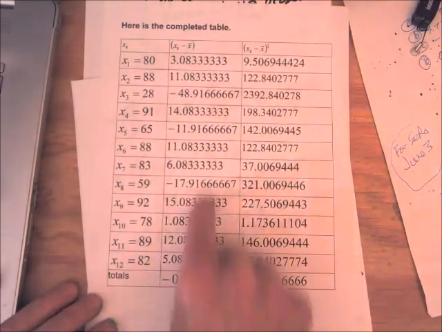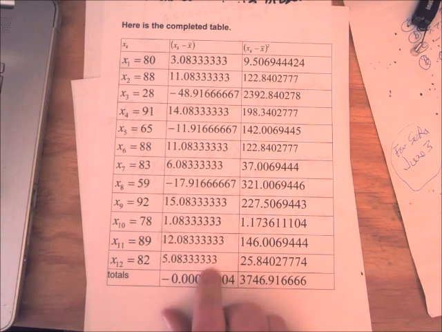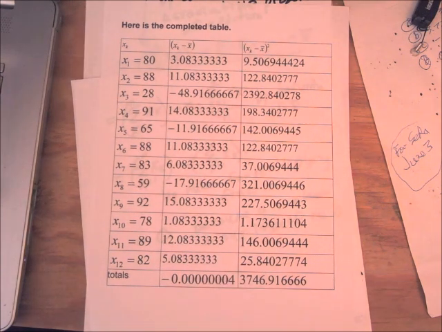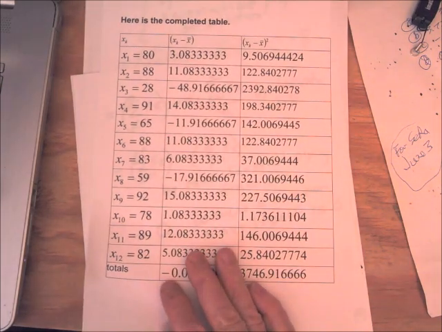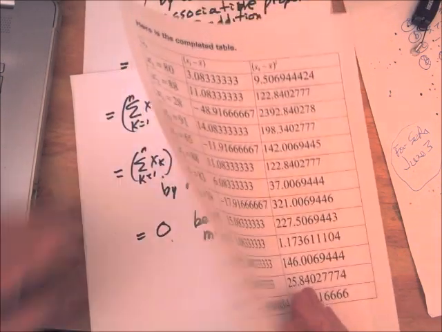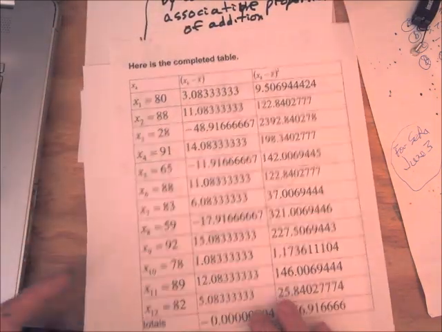If it's not equal to 0, it might be a little bit off because of rounding, or if it's more than a little bit off, you might want to check to make sure you're using the right mean. And that concludes this presentation.